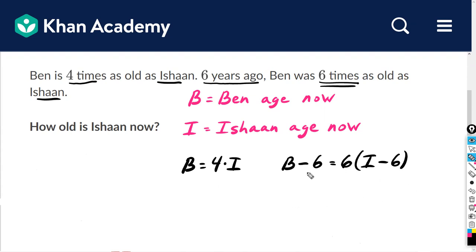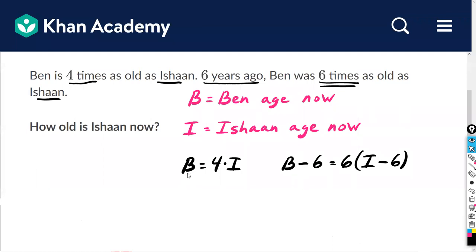So since we solved for B right here, we have B equals 4I. We can substitute in place of B right here. So since B equals 4I, you can just take that 4I and plug it in place of B in the other equation.